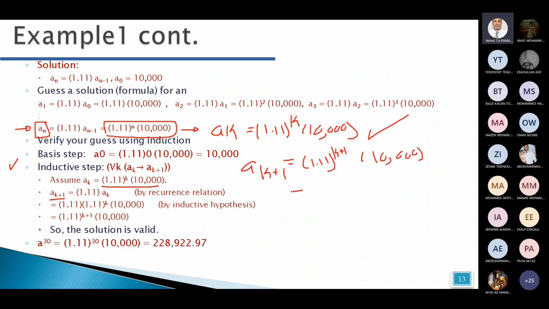This equals 1.11 multiplied by 1.11 power k, because power k plus 1 means we can take 1.11 multiplied by 1.11 power k, all multiplied by 10,000. Look at this part: it's the same as Ak.